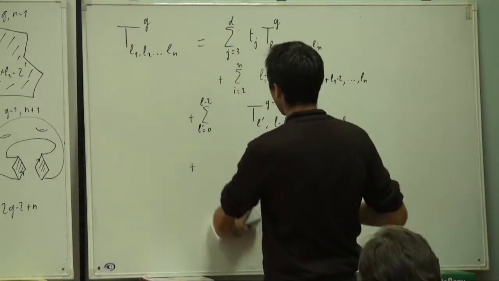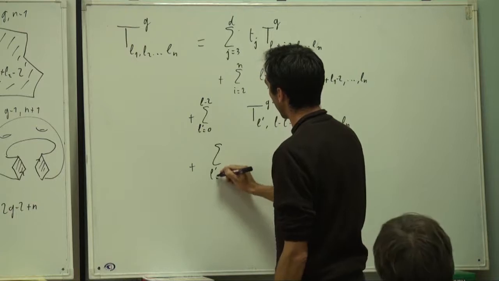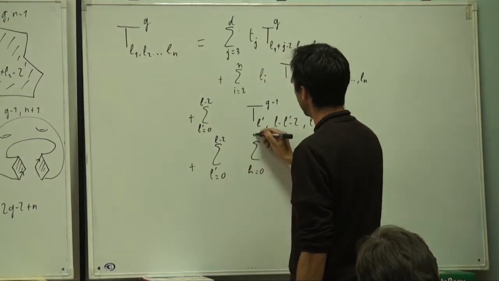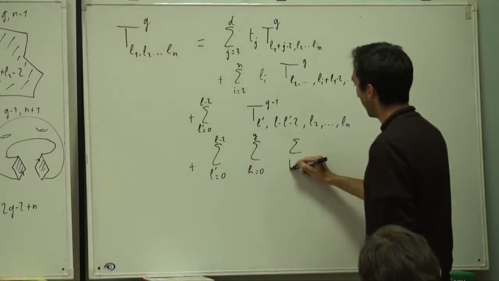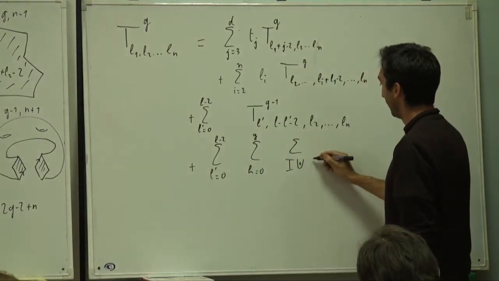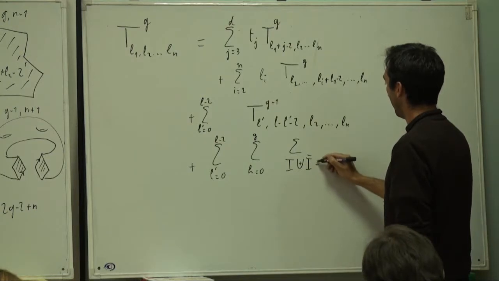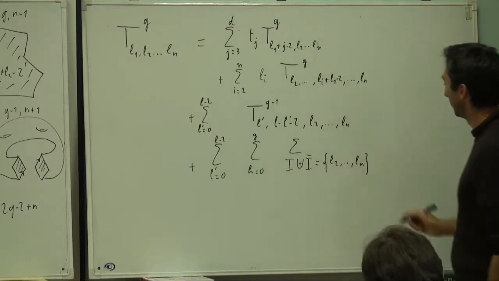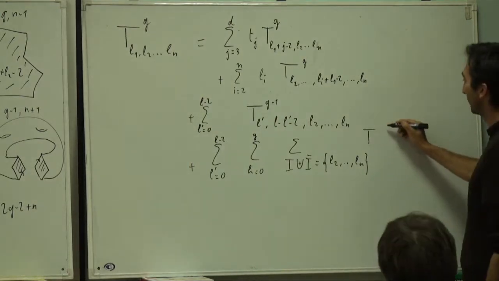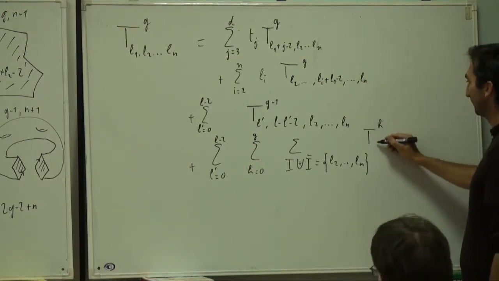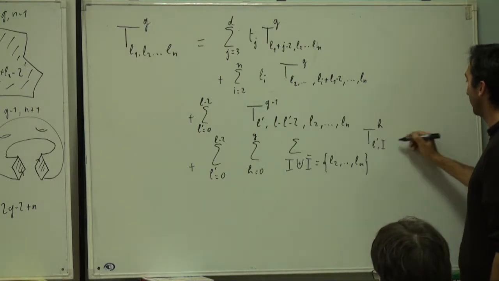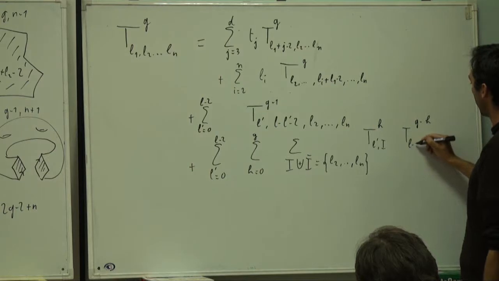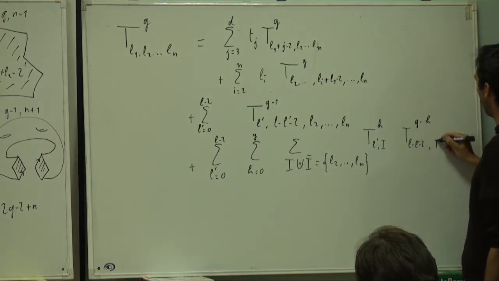Sum from L prime equals 0 to L minus 2, sum from h equals 0 to g, sum over all possible subsets of L2, ..., Ln of t_{h, L prime, I} and t_{g minus h, L minus L prime minus 2, I bar}.